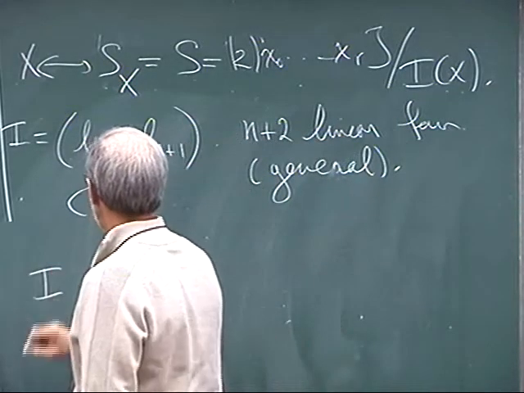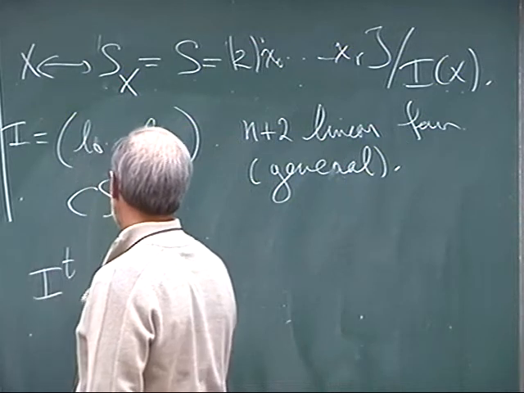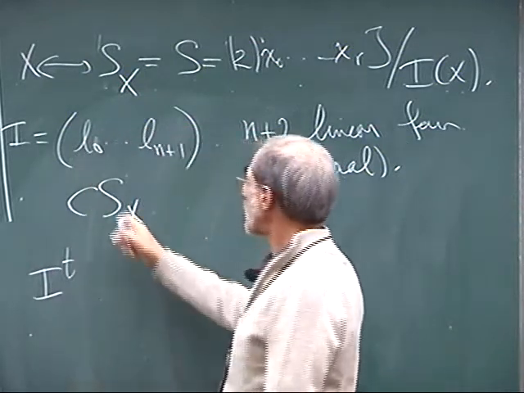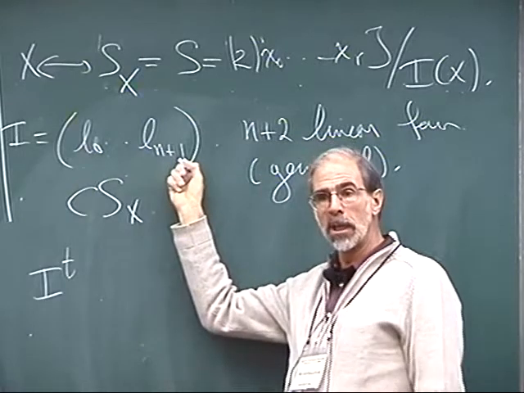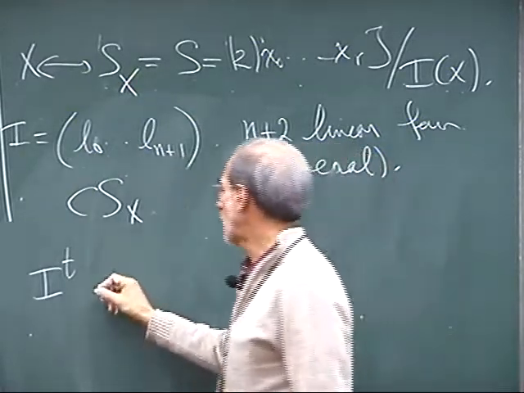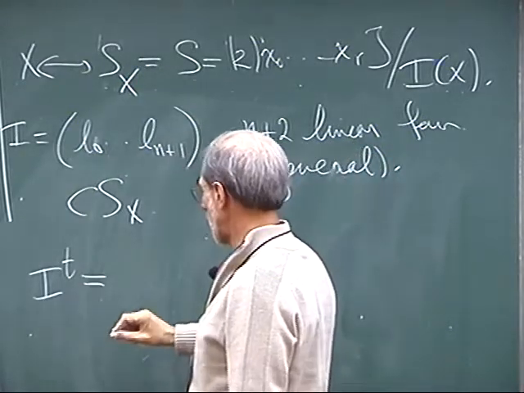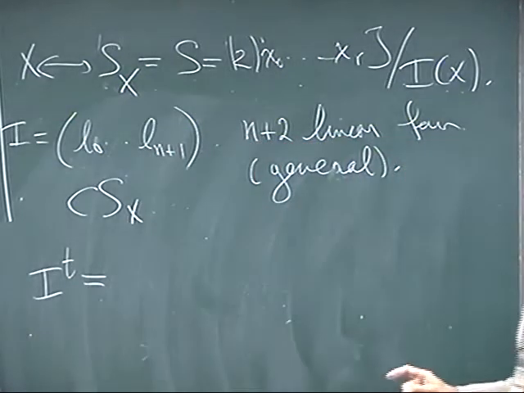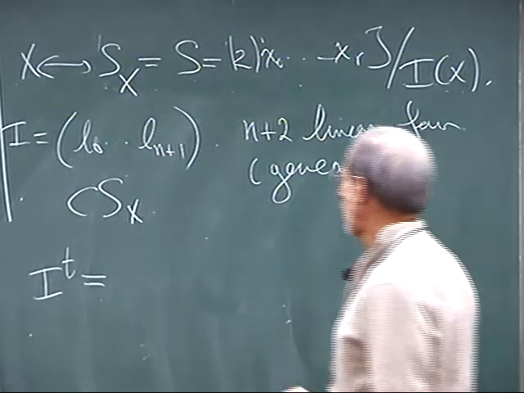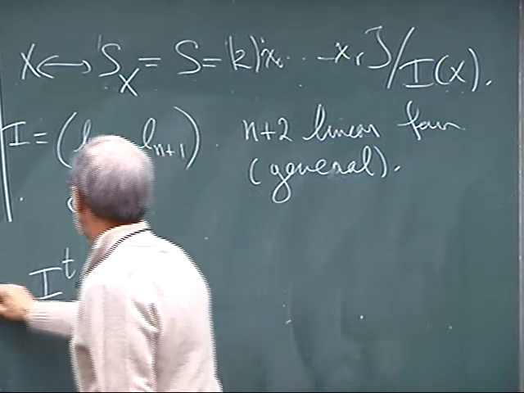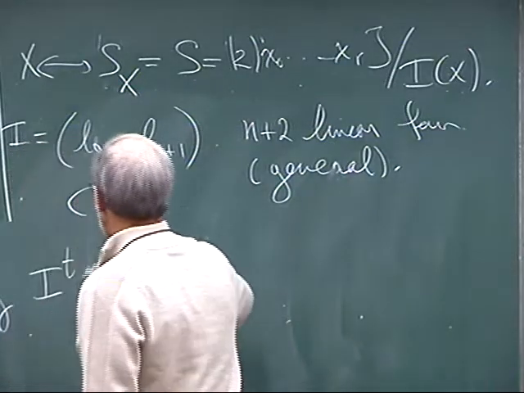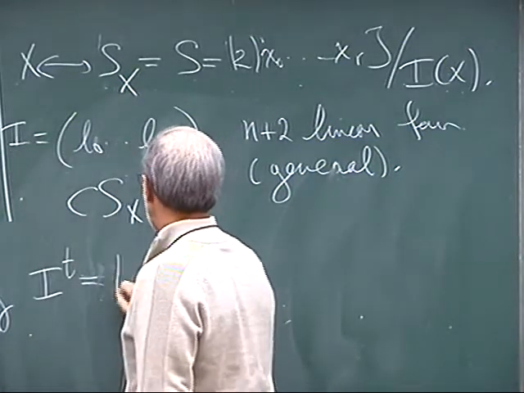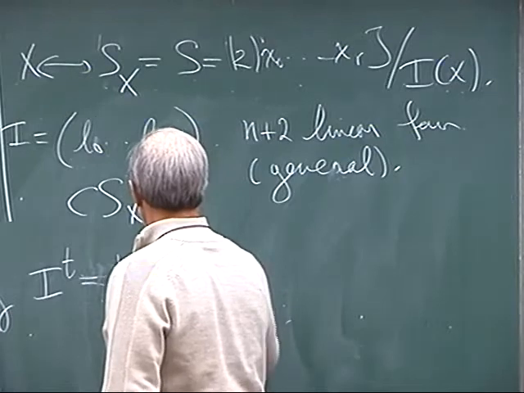So I to the t, once again. Now in this case I is generated in degree 1, so the expression simplifies, and what I expect to see is that I^t has regularity t plus epsilon_t, where the epsilon_t are decreasing. The regularity of I^t equals t plus epsilon_t.